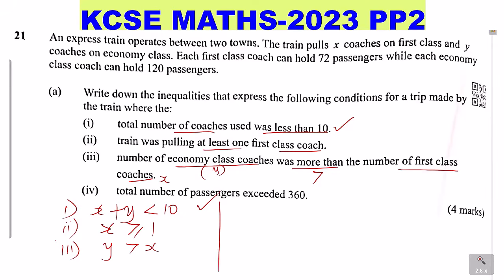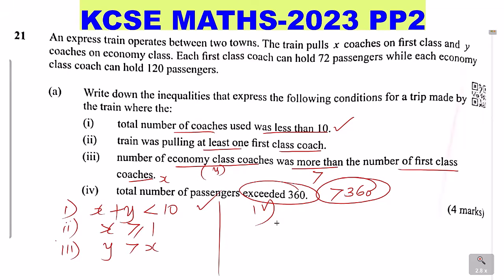Then Roman 4, total number of passengers exceeded 360. Exceeding 360 means should be greater than 360. That is the meaning of exceeded. Should be greater than 360. So how do you get the number of passengers? Now let's start with the total number of passengers for X coaches.